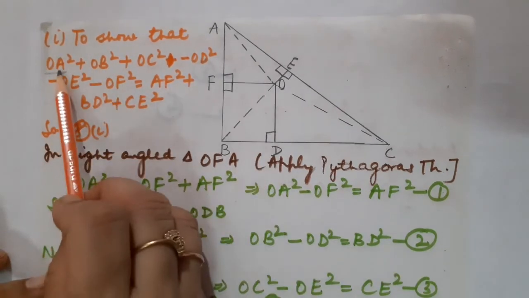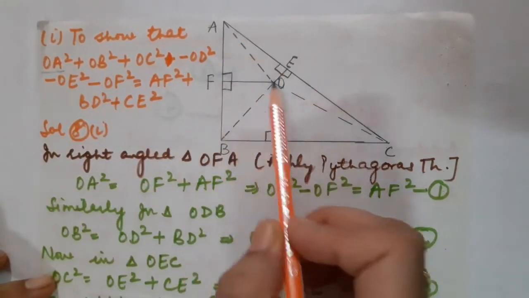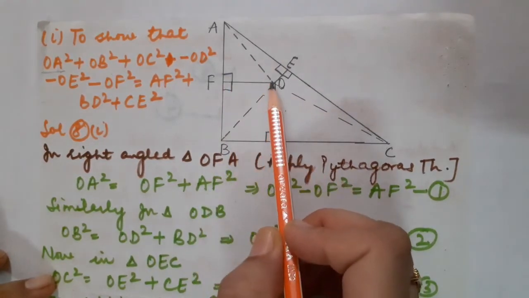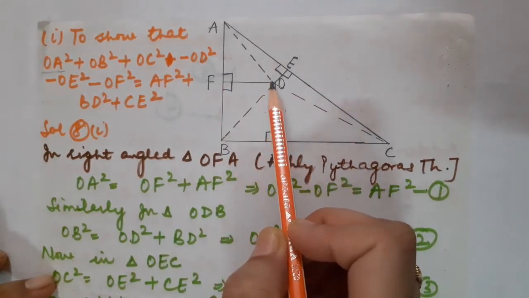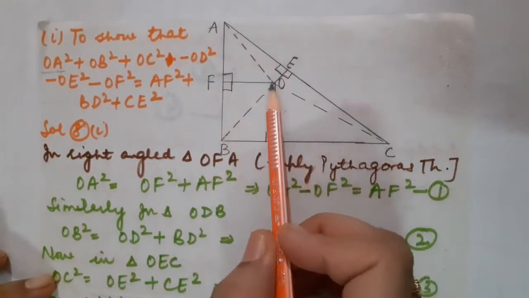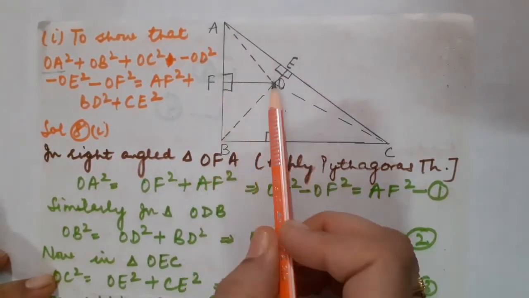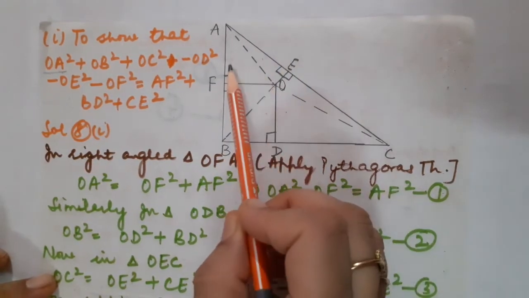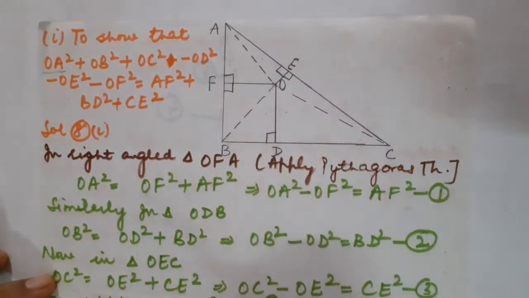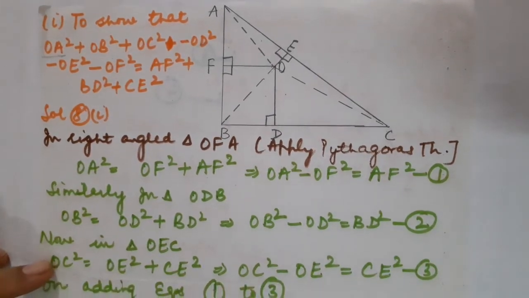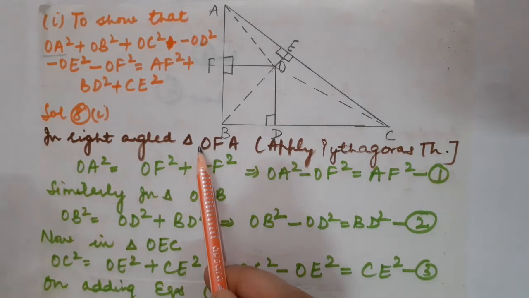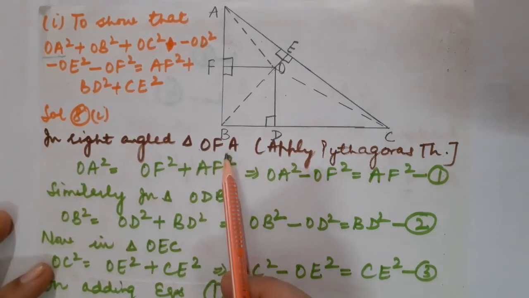OA square. So you can see that there are two right angled triangles formed in which the side OA is present. That is AEO and AFO. So either I can choose this one or I can choose this one. So let us see which one I have chosen. In right triangle, I have taken OFA. There is a reason behind it.